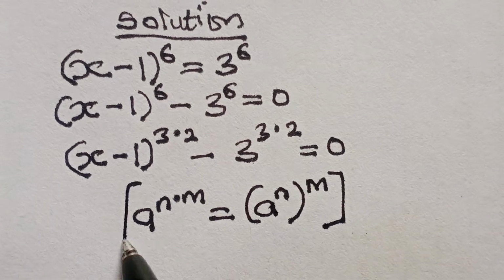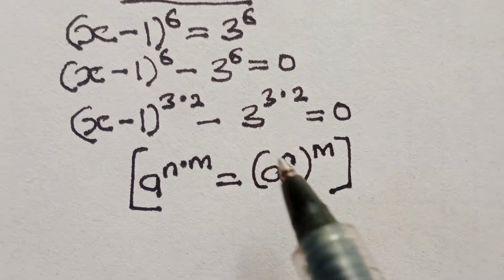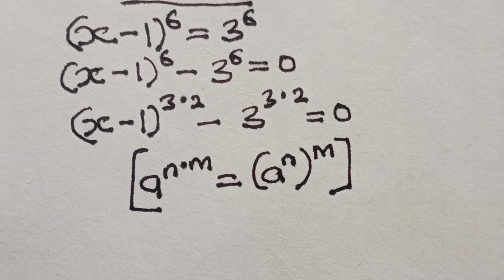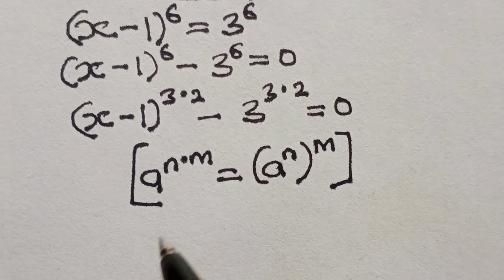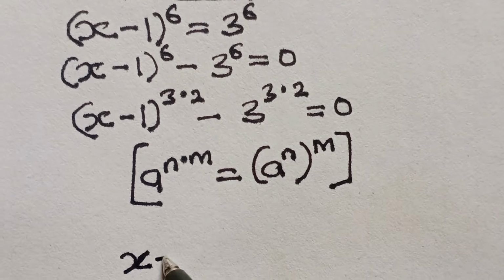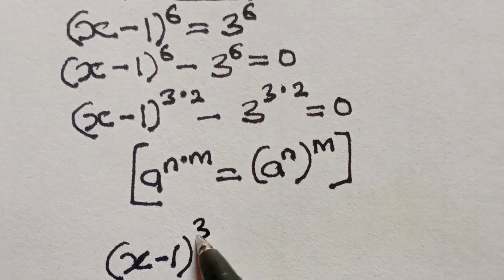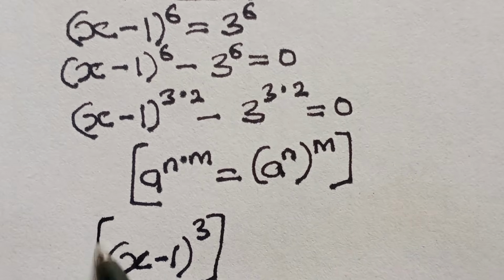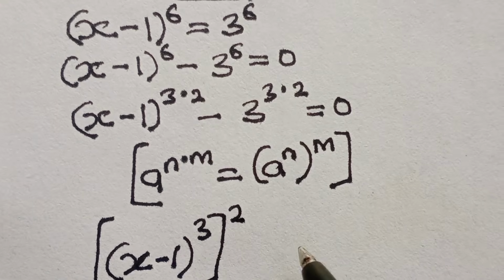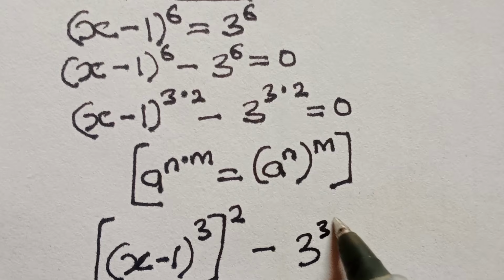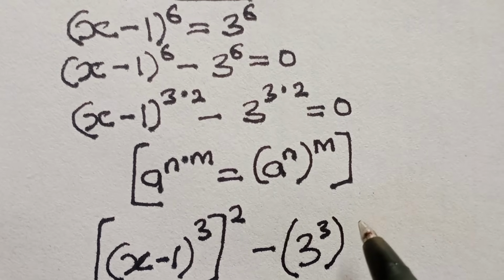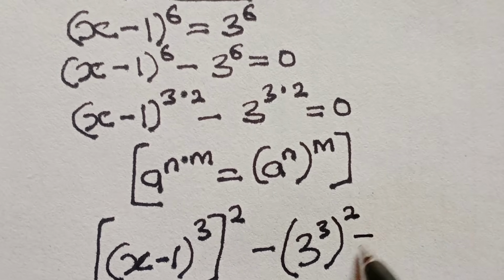Don't forget this. So when I apply this to what I have above, I will now have ((x minus 1) raised to power 3) raised to power 2, minus (3 raised to power 3) raised to power 2, equal to 0.